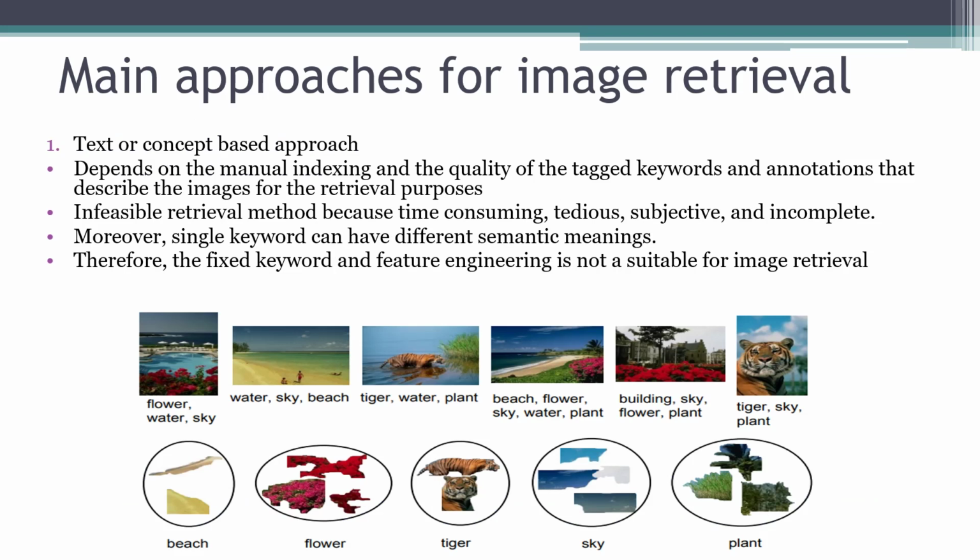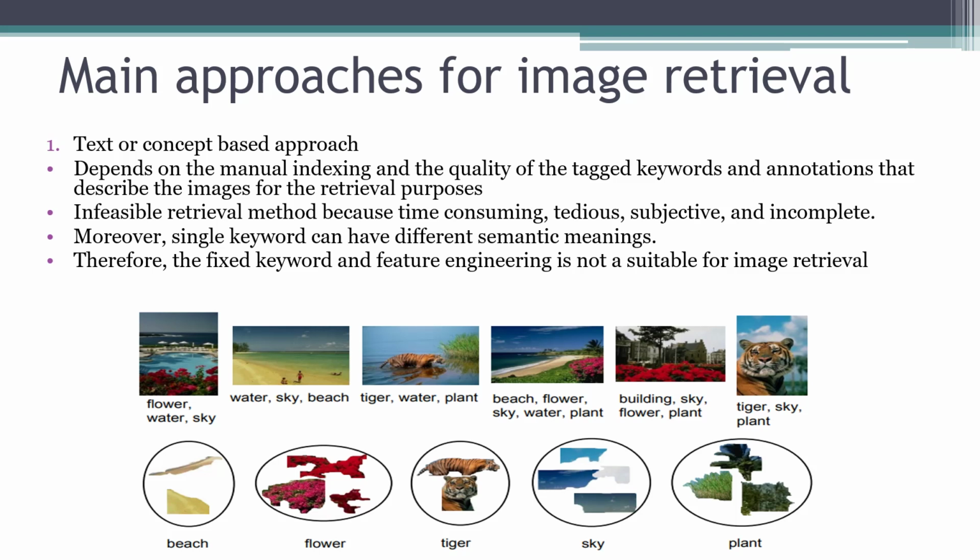There are two main approaches for image retrieval: the text or concept based approach and the content based approach. Let's see the text or concept based approach first. It depends on manual indexing and the quality of tagged keywords and annotations that best describe the image for retrieval purposes. However, the annotation based method can be considered an infeasible retrieval method for many reasons, such as the manual annotation process being time consuming, subjective, and incomplete.